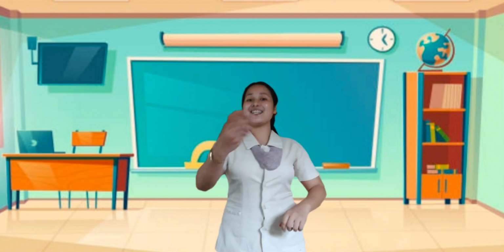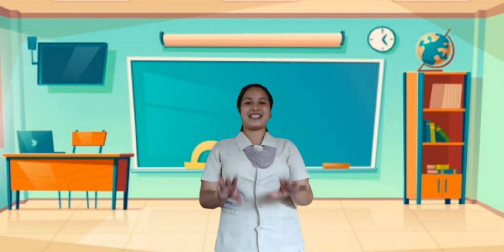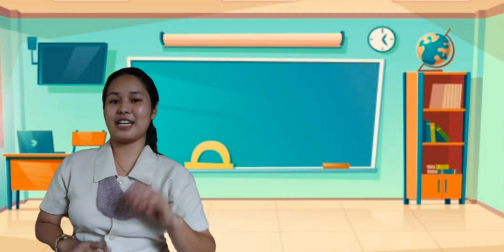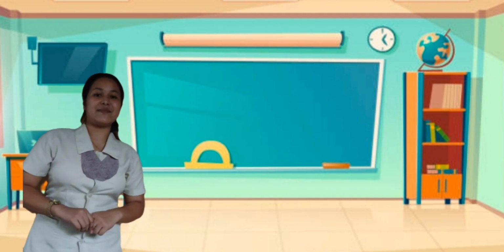Now, before we start our activity, kindly stand up and tell the class what to do while doing the activity. Yes, Joanne? That is right. You may now sit down. Now that you have formed two groups that have five members each, will you please read the instruction for this activity?